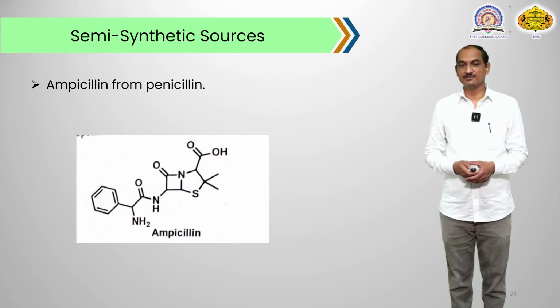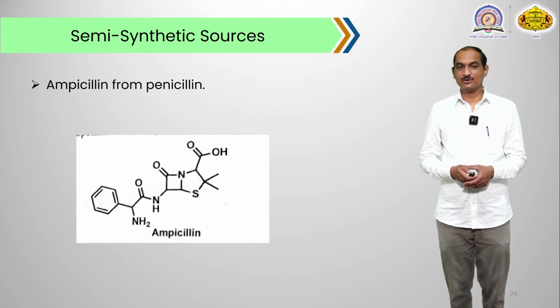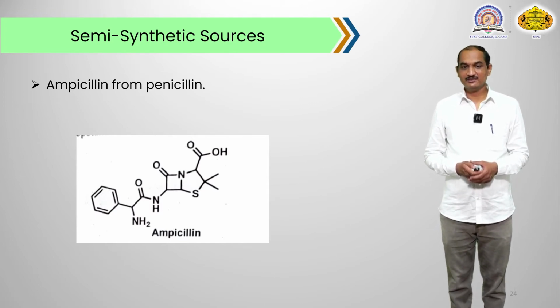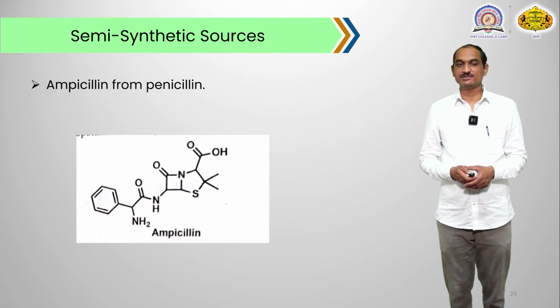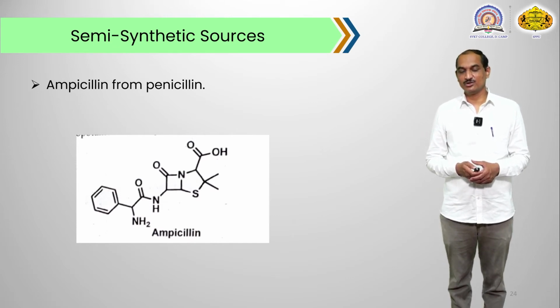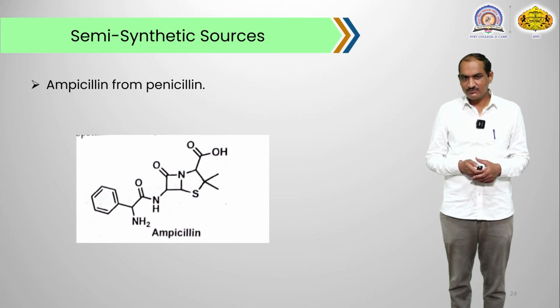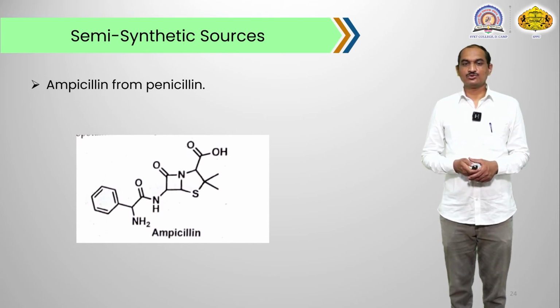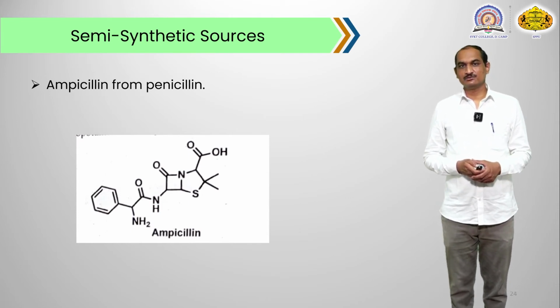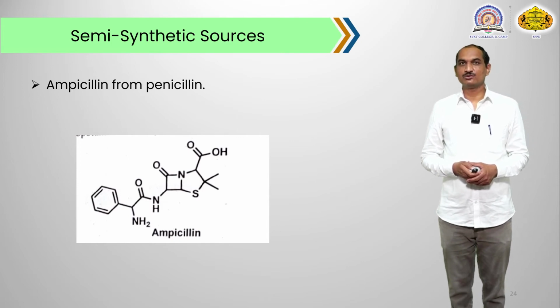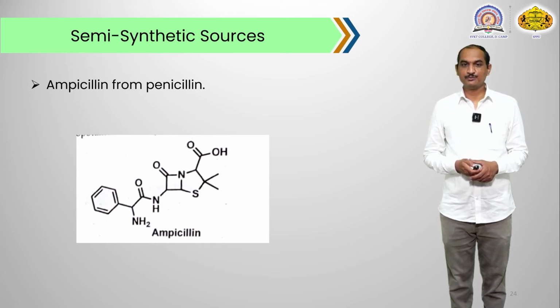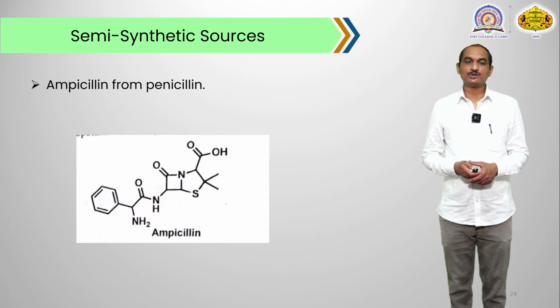We know that ampicillin is prepared from penicillin. This is the structure of ampicillin, which is a semisynthetic drug obtained from a natural source by chemical alteration to improve its properties. This is included in the semisynthetic source.